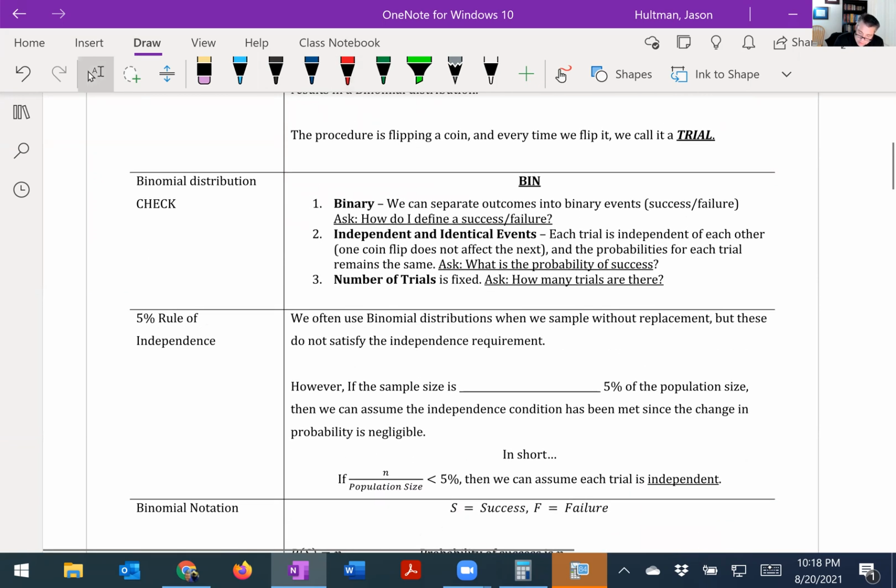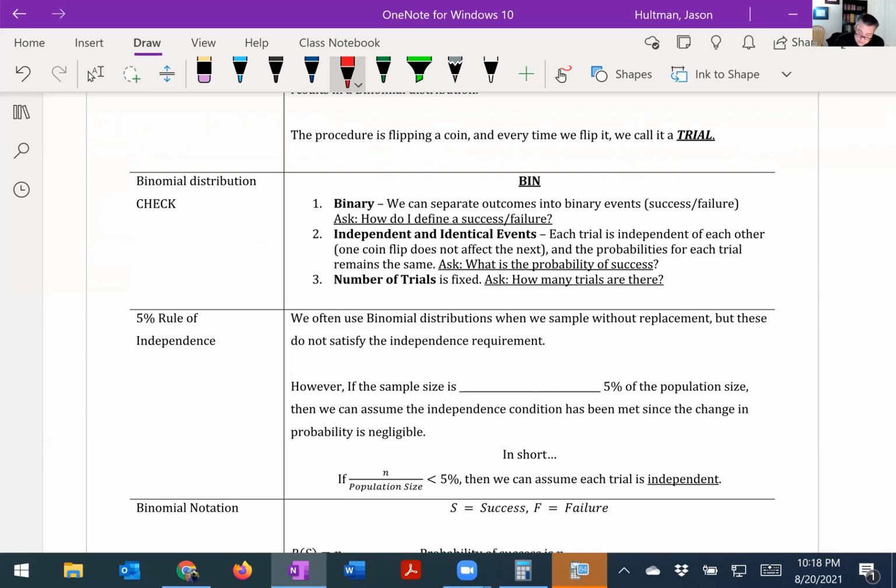We often use binomial distribution when we have a sample without replacement, but these do not satisfy independence. When we pull a card from a deck and we pull that out, then that's without replacement, and that can affect our probabilities.